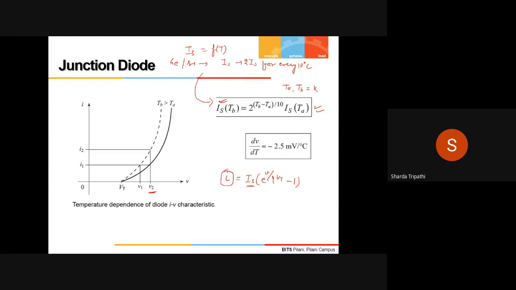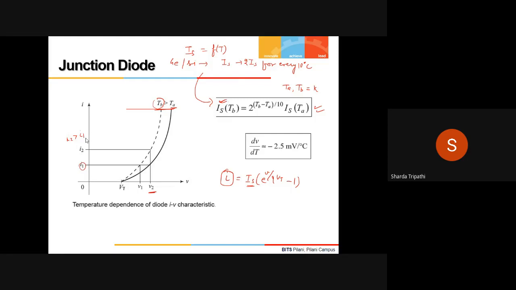And this solid curve is at temperature Ta. Then we have a dotted curve over here, which is at temperature Tb, such that Tb is greater than Ta. Now at voltage equal to V2, the current at the lower temperature was I1, whereas the current at high temperature Tb is I2, and we clearly see that I2 is greater than I1.